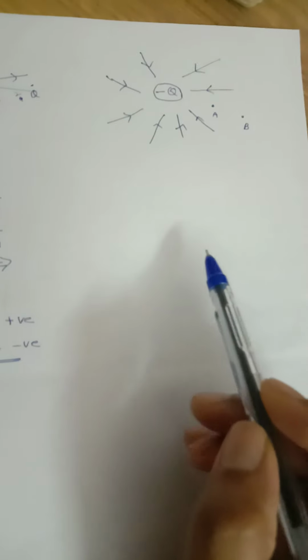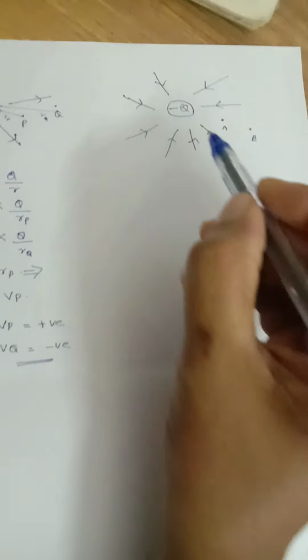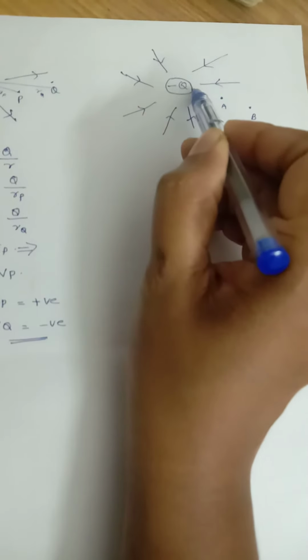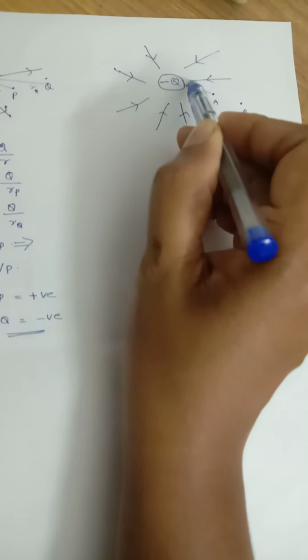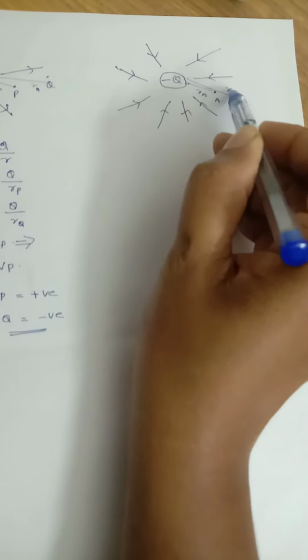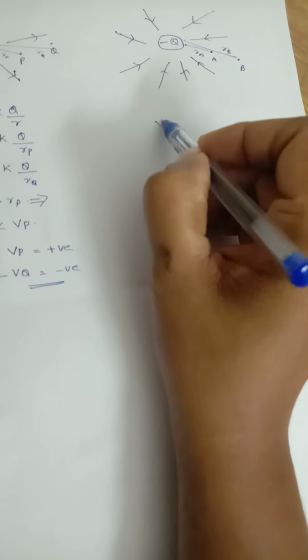Now in the same way, if the source charge is a negative charge, how will these quantities change? Here also there are two points A and B. The distance to A we will put as Ra, and the distance to B we will put as Rb. Now again, what is the value of Va?